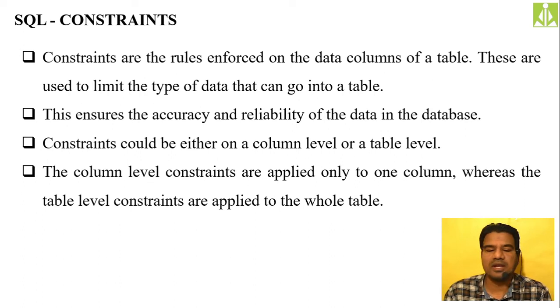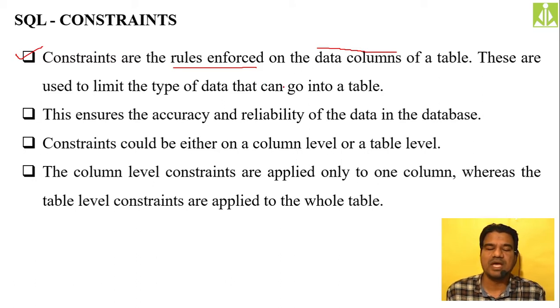So quickly read these statements over here. Constraints are the rules enforced on the data column of a table. So on a particular data column, you can enforce this constraint, or on the complete table also you can enforce these constraints. These are used to limit the type of data that can go into a table.